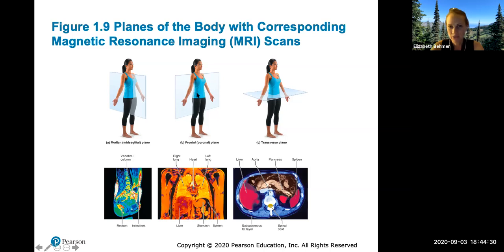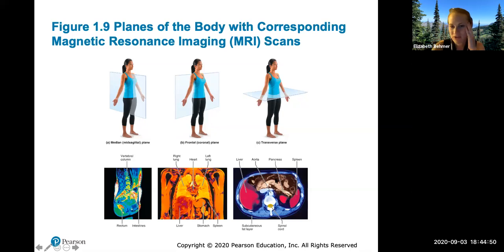So if we would cut through this patient, if we would cut right down the middle, we would see her lungs, her heart, liver, stomach. And then a transverse section is not most common, but I know in MRIs they use transverse sections a lot, as they're looking for tumors or anything throughout the body.